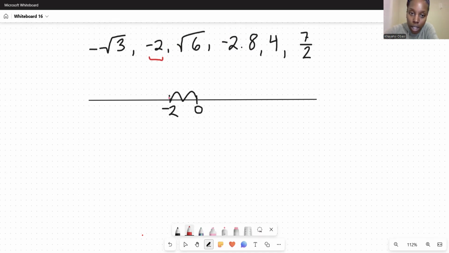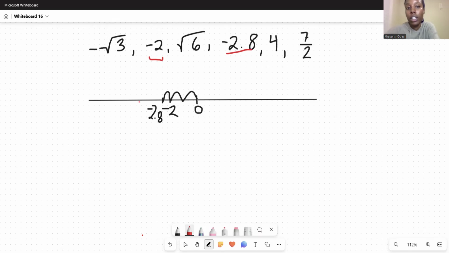So it's less than -2, and from -2 we move about 0.8. So around here is -2.8. Okay, so we got that one down.